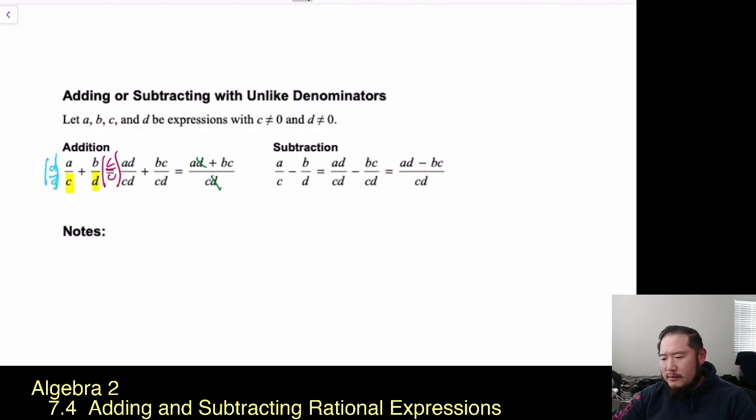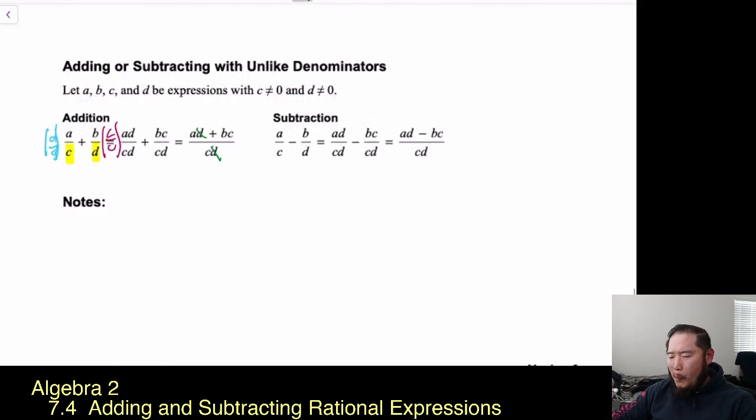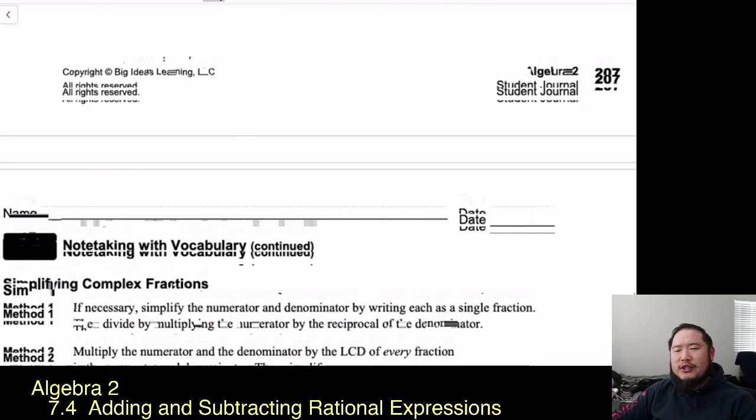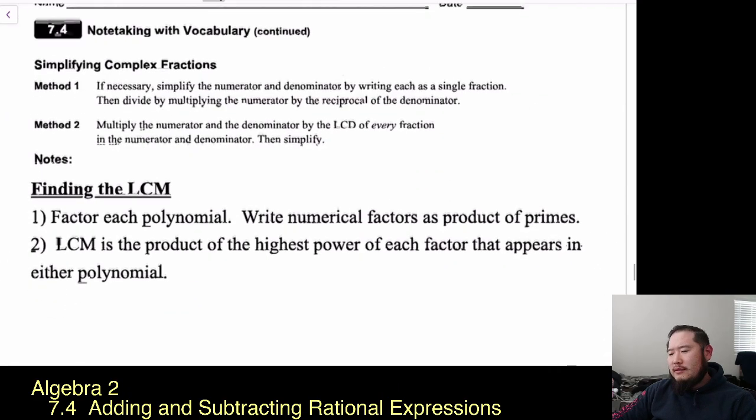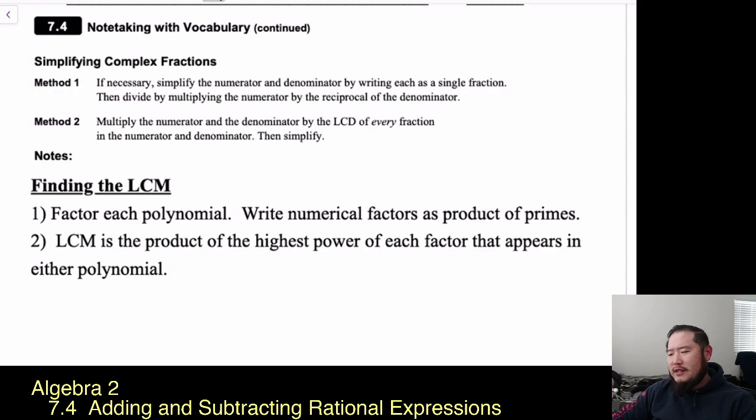Next up, simplifying complex fractions. There are two methods being shown here. Method 1 says, if necessary, simplify the numerator and denominator by writing each as a single fraction, then divide by multiplying the numerator by the reciprocal of the denominator.